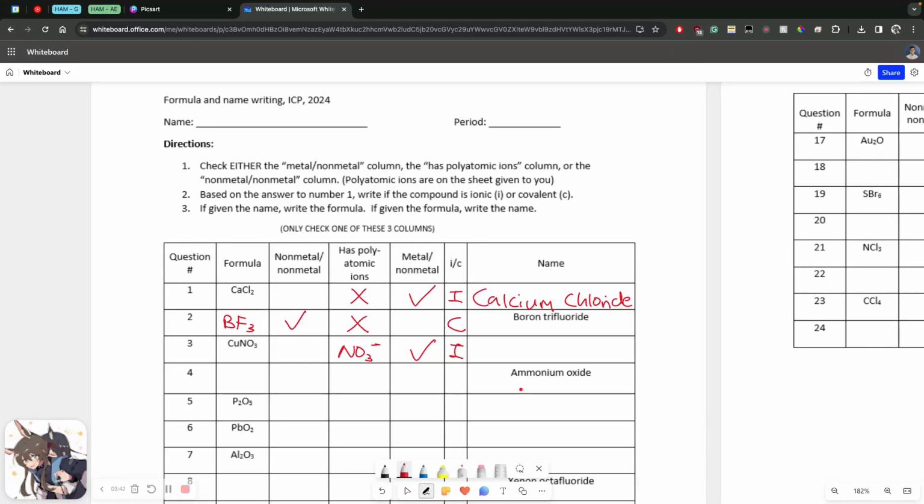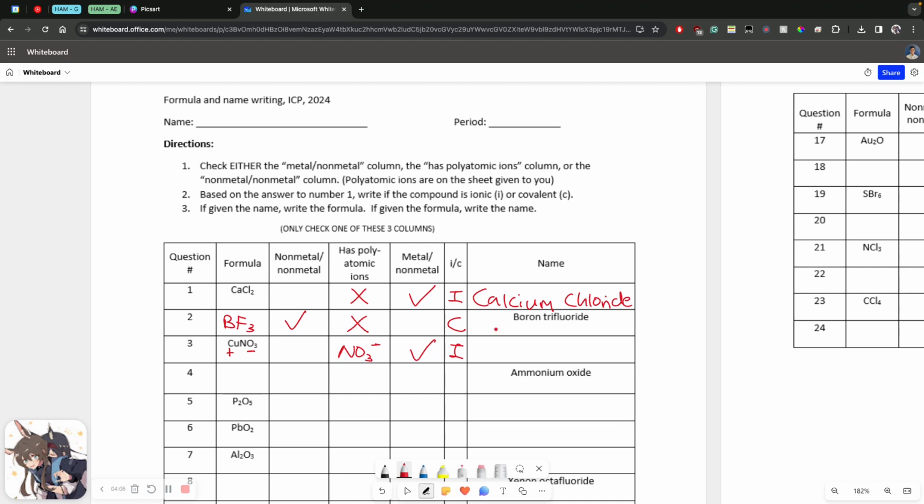Since it's a transition metal, we do need to put the charge of the cation, in this case the copper, in parentheses. We have nitrate, which is a 1- charge, and one singular copper atom, which means the copper has to be a 1+ charge. That equals a net 0 charge, which we are all aiming for.